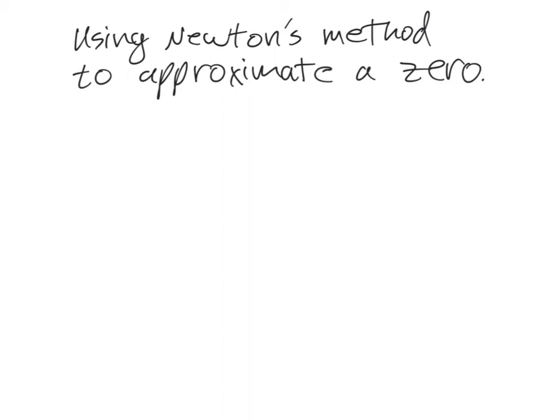Next up, we looked at Newton's method to approximate the solution to an equation or the zero of a function. For instance, if we have something like this, we are not able to find the exact value.